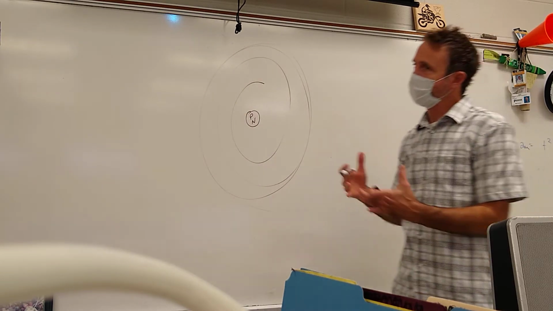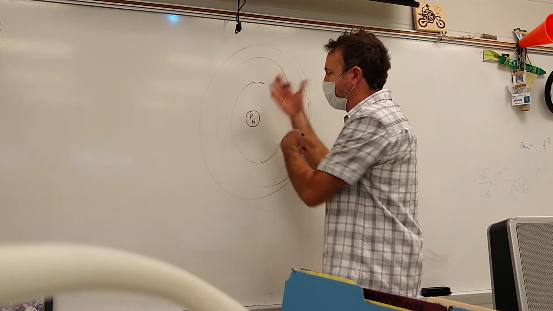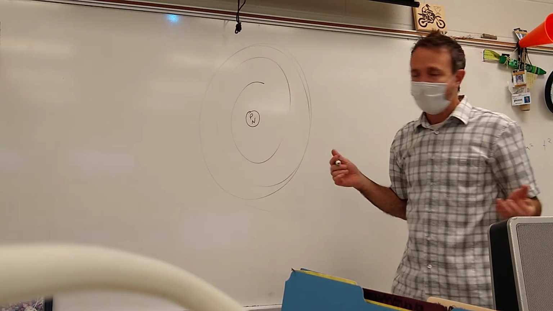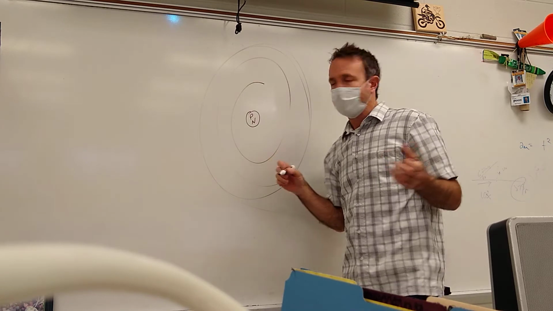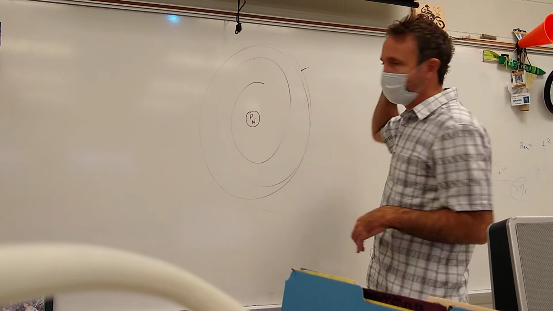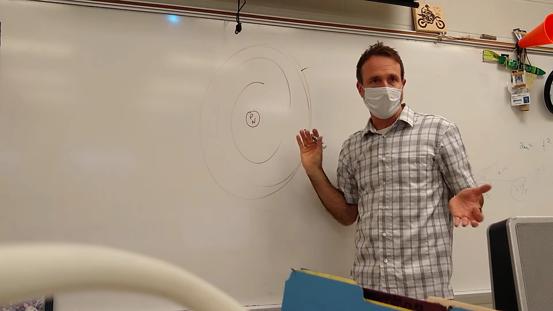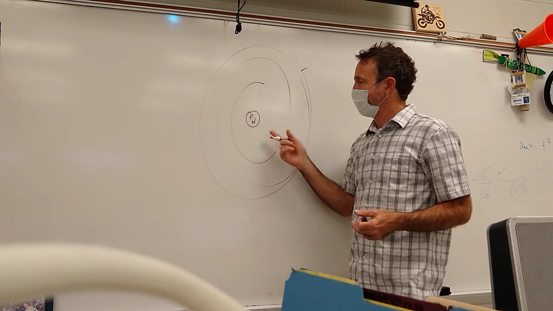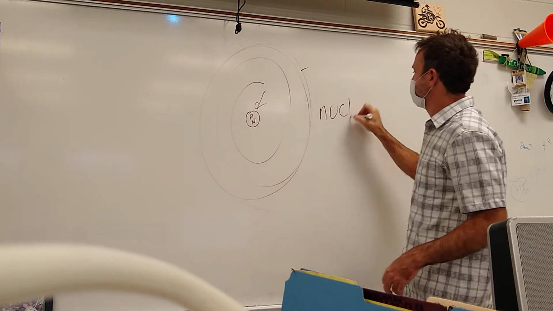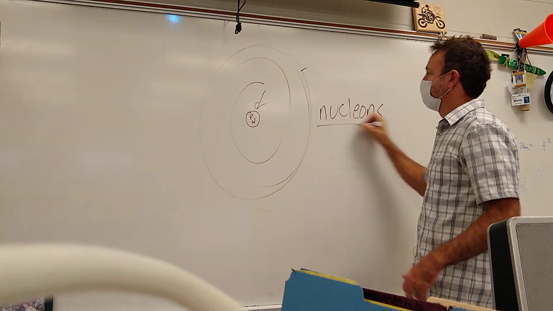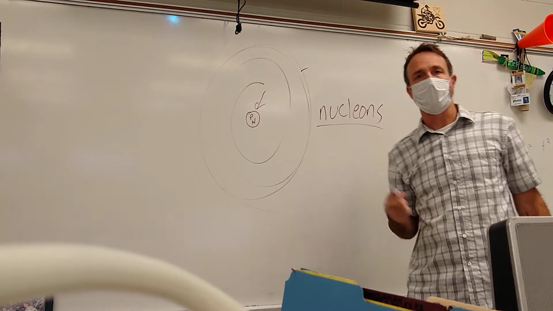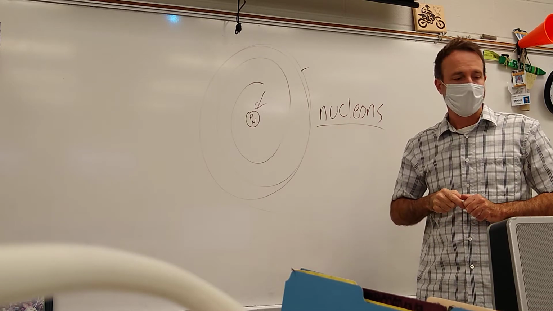What we're going to learn in the next month are the complicated patterns these electrons make around the nucleus. They're not in perfect circles; they're flying in crazy patterns. But electrons, I always just make a dash for them. They're outside the nucleus, and protons and neutrons are in the nucleus. So we sometimes call them nucleons, particles found in the nucleus of the atom.